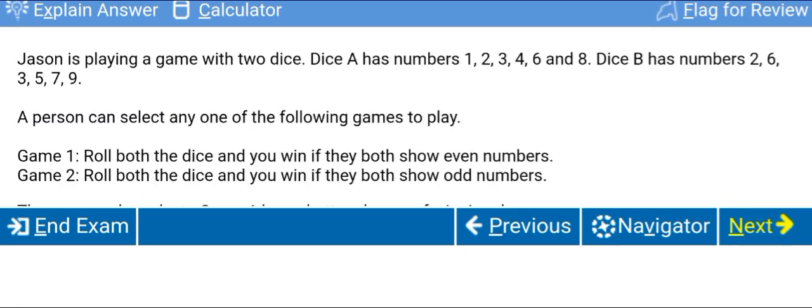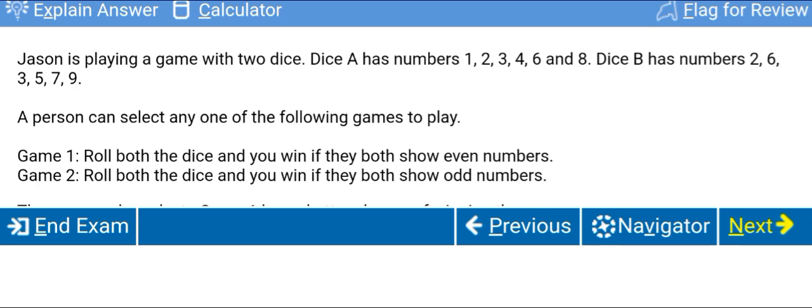Jason is playing a game with two dice. Dice A has numbers 1, 2, 3, 4, 6 and 8. Dice B has numbers 2, 6, 3, 5, 7, 9.